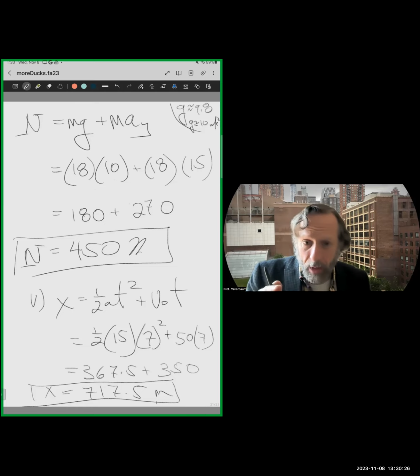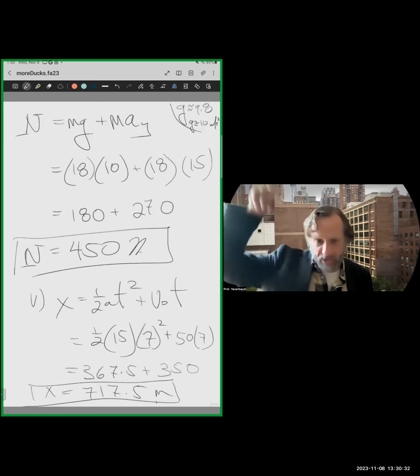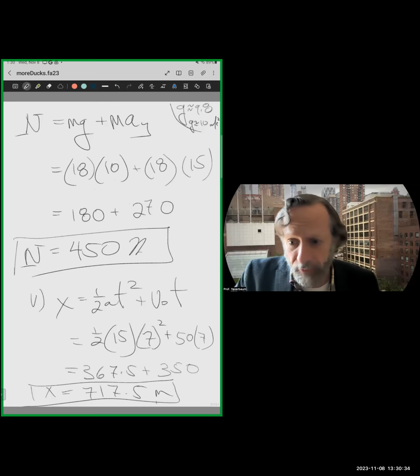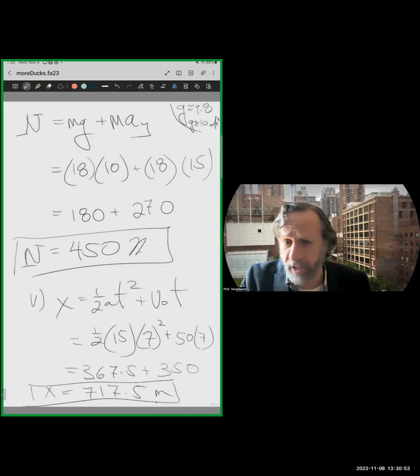So mg is the force of gravity on an object, the weight of an object, and it's always there in every single one of these problems. It's the downward pull of the center of the earth on any mass. I could say, but I don't know if that answers you. But mg is weight, mass measured in kilograms times free fall acceleration measured in meters per second squared.